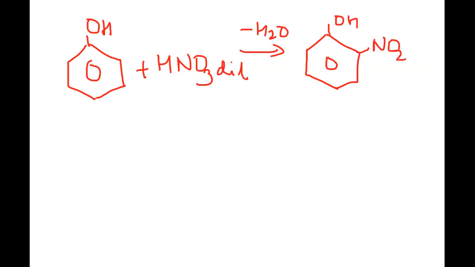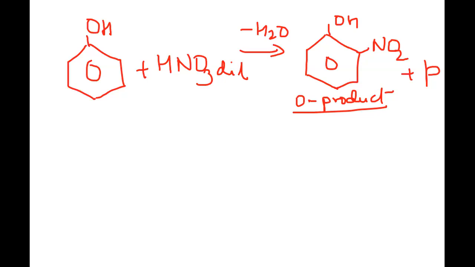So this is ortho-nitrophenol. This is the ortho product. When you do hydrogen bonding, you talk about this compound to show intramolecular hydrogen bonding, if you can recollect. And it also forms the para product, where the nitro group will be on the para position. So this is about 40% and this is about less than 40% also.